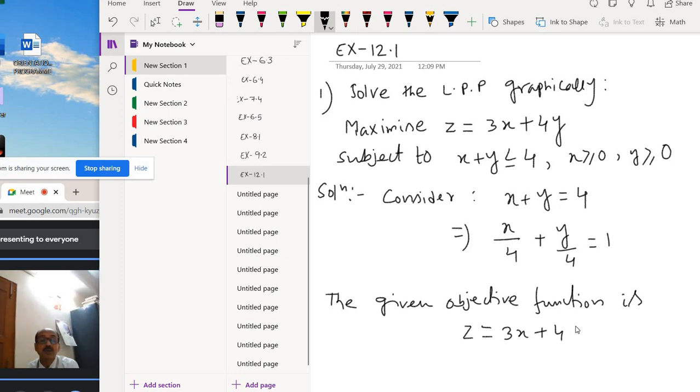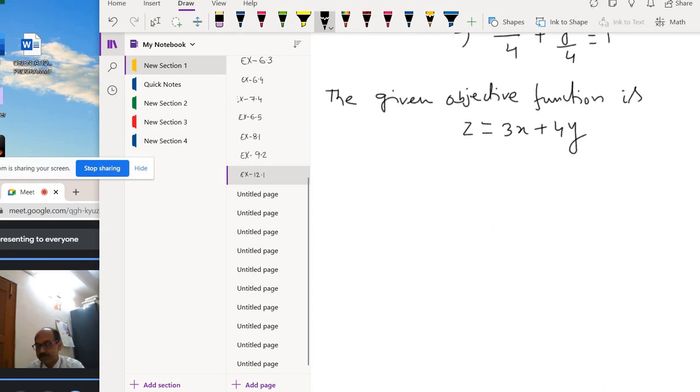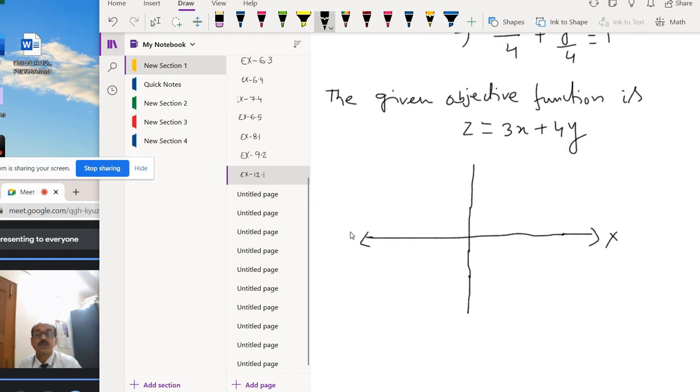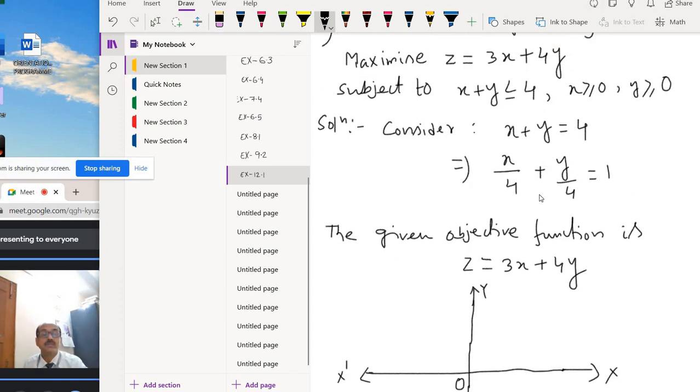Now draw the x-axis and y-axis, X dash, Y dash, with the origin O. Now x by 4, y by 4.